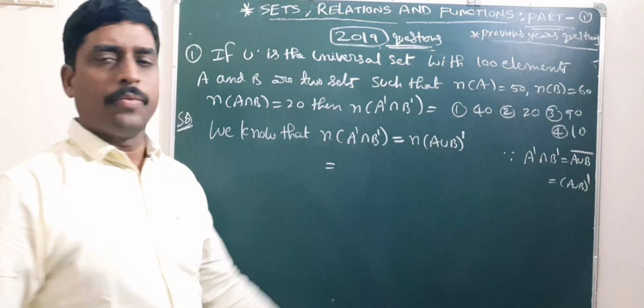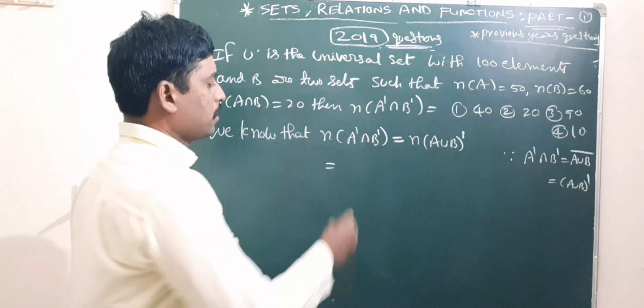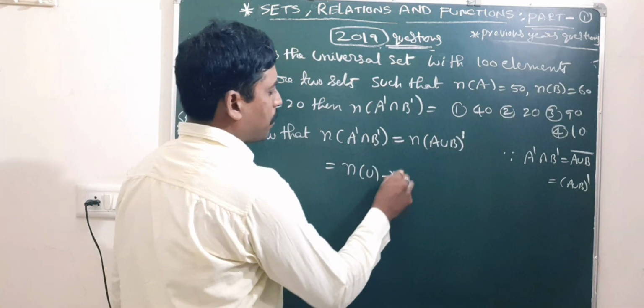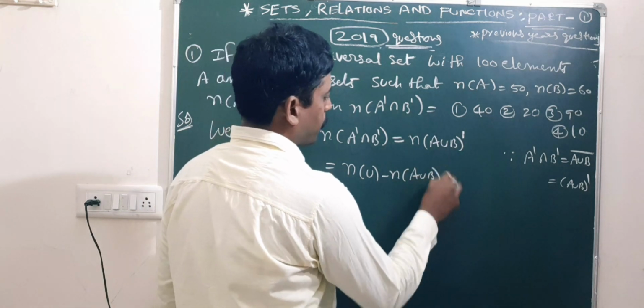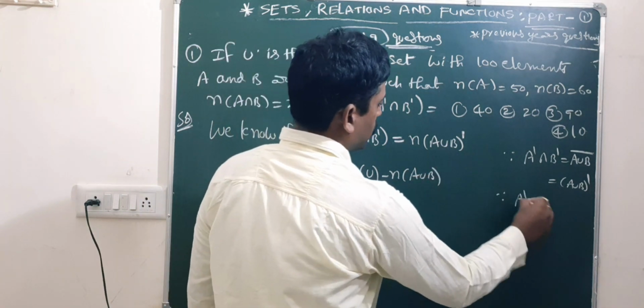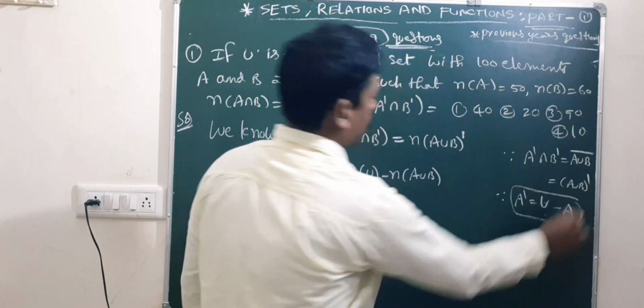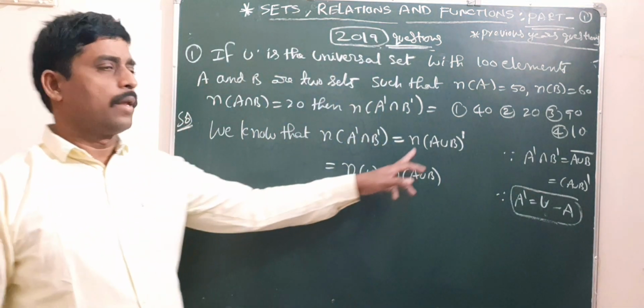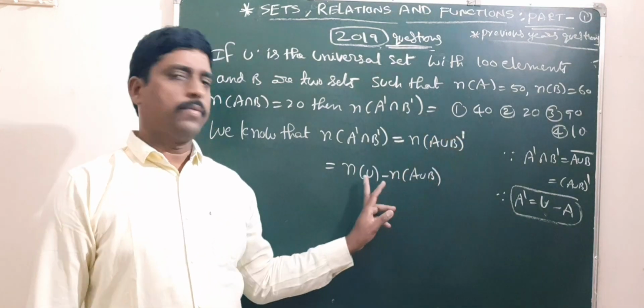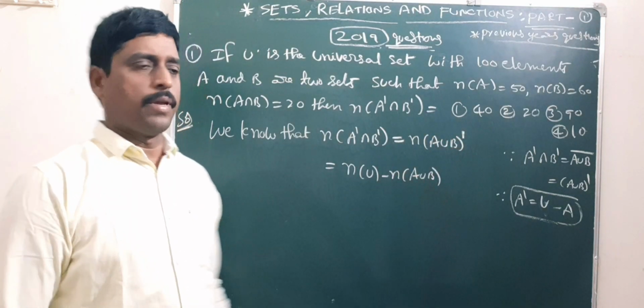So n of A union B whole dash is equal to n of U minus n of A union B. We know that A dash is equal to U minus A.